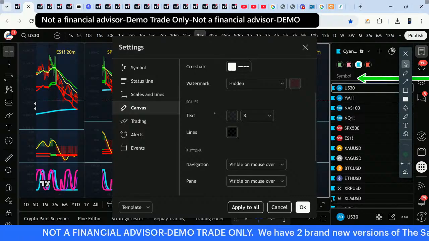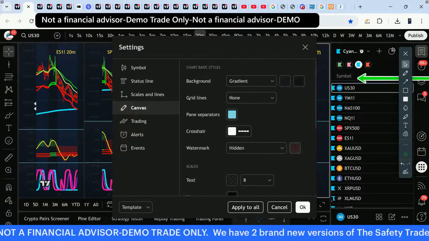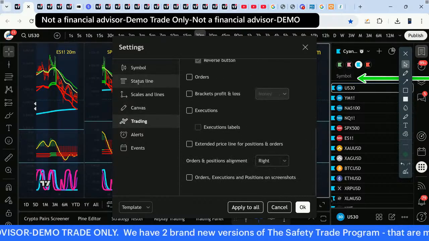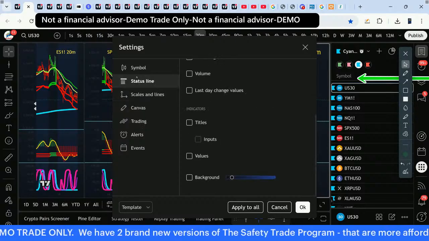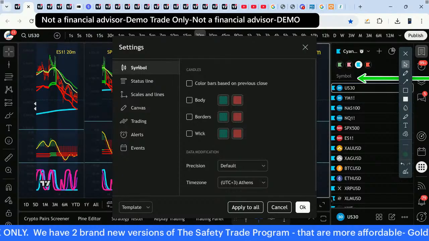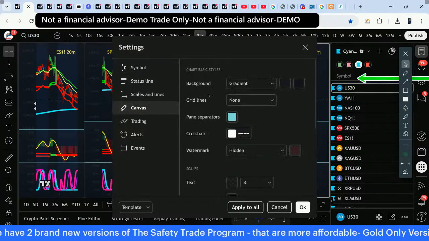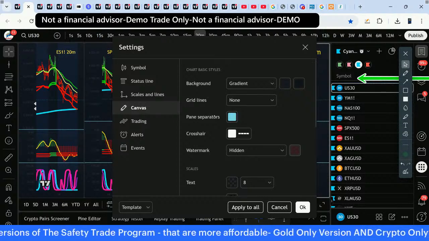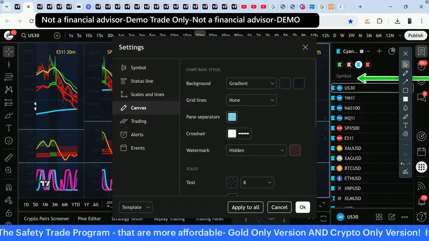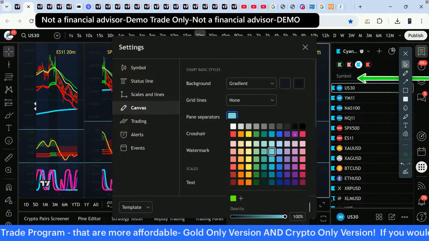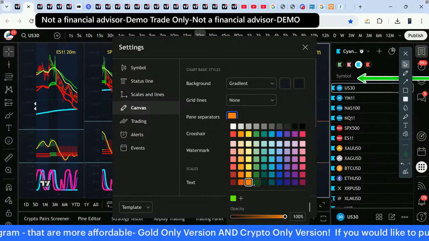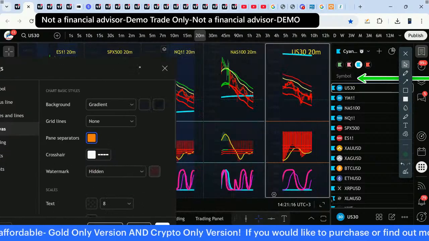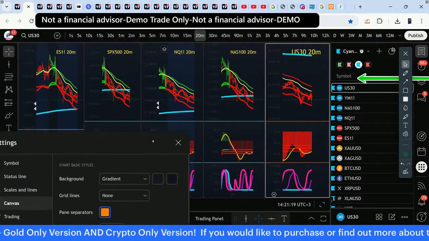Text scales lines, no. Status line, no. Symbol, no. Crosshairs, watermark, pane separators. Panes. Why is this blue? I must have done that. What are we seeing here? I don't think I see a difference. Pane separators. Oh, those are the pane separators.